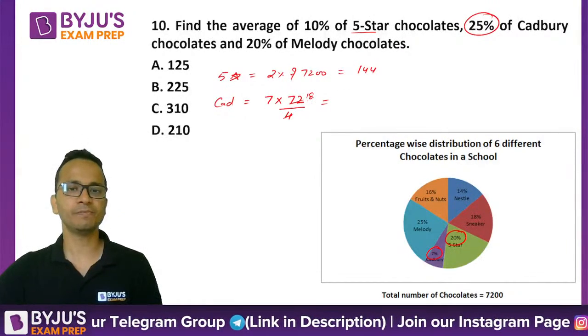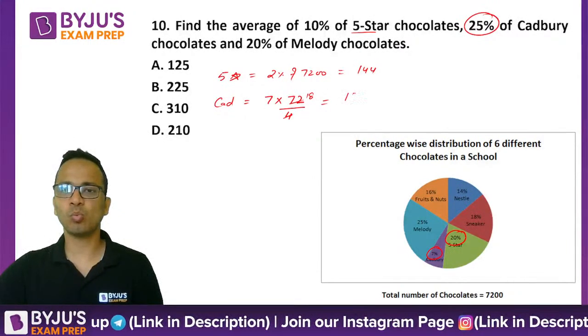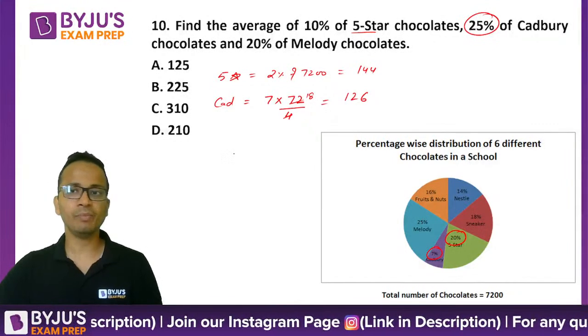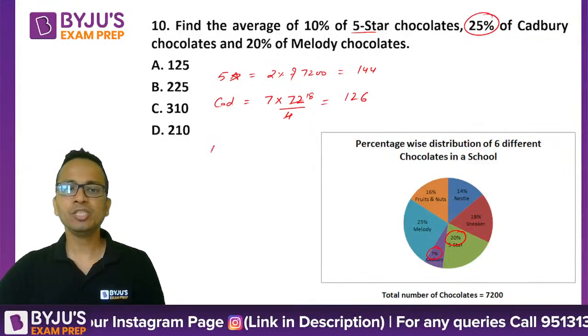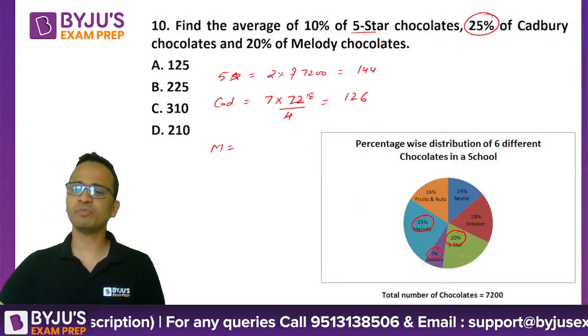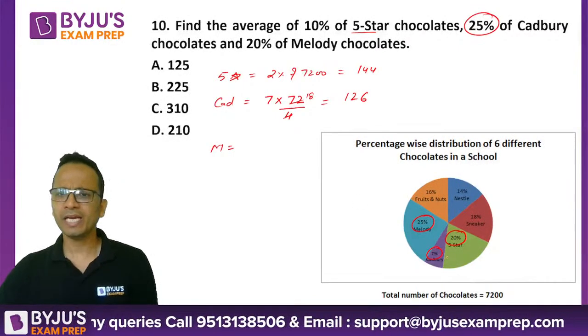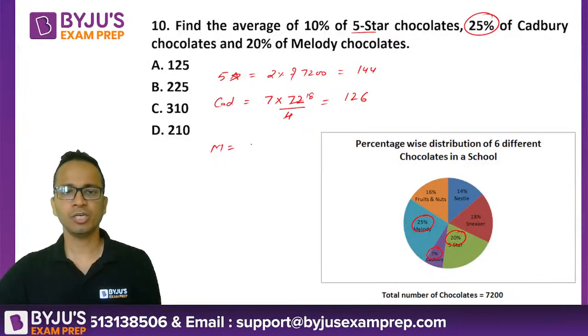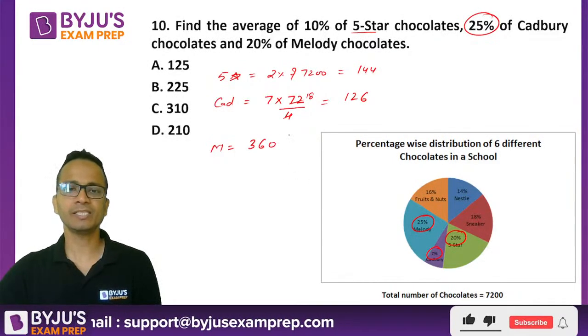18 into 7, 70 and 56, 126. सो कैडबरी will be 126. मेलेडी चॉकलेट्स का 20% लेना है, सो मेलेडी चॉकलेट्स कितनी है 25% जो है 1800. 1800 का 20%, so it will be 360.